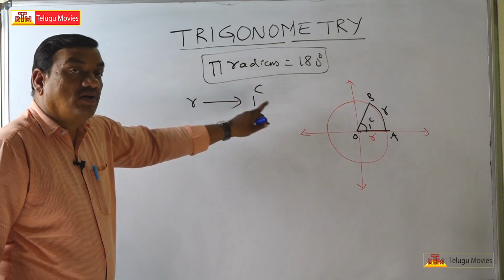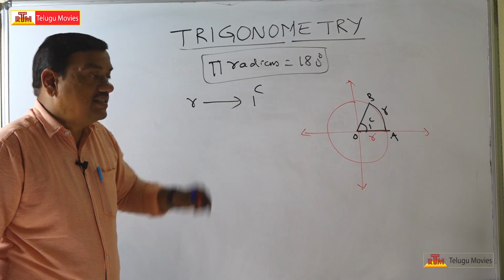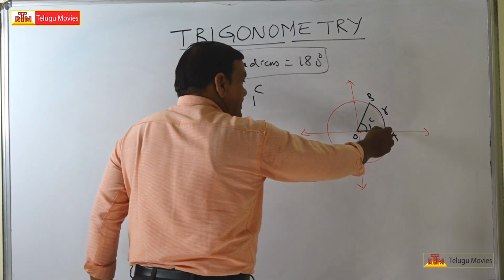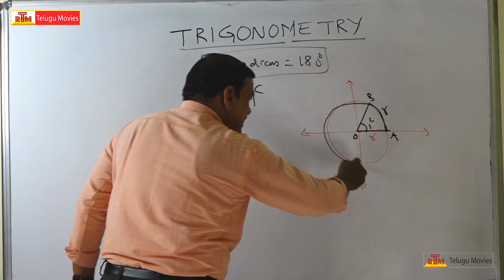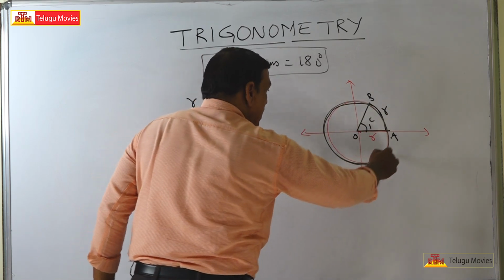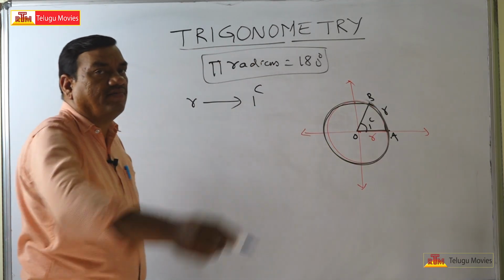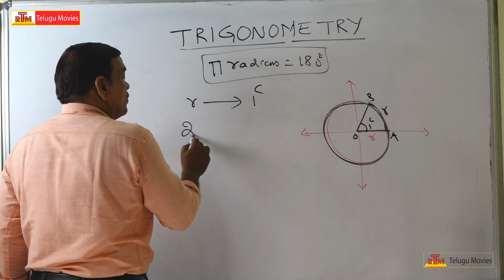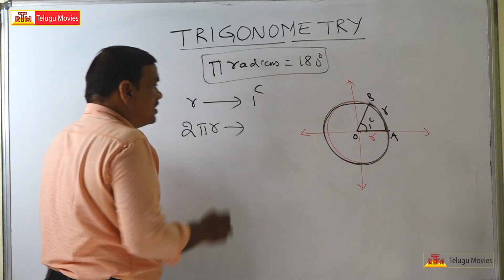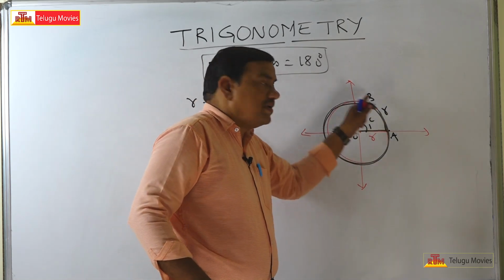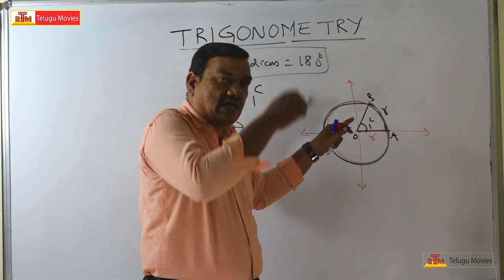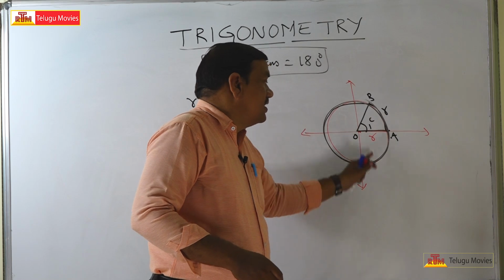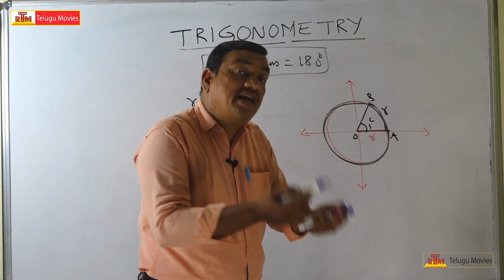What is the length of the complete arc? Complete arc means circumference, that is equal to 2 pi r. This is also an arc, no? Complete circumference is also a major arc, the complete arc. It is making how much radians?